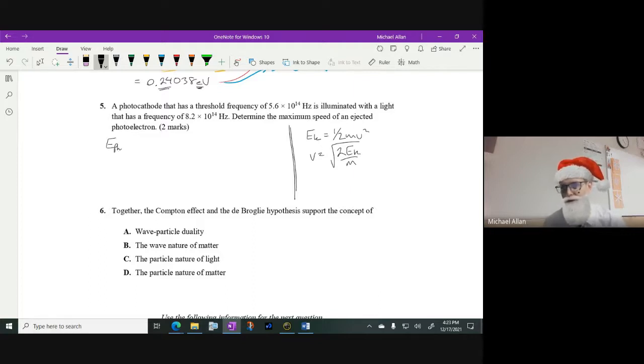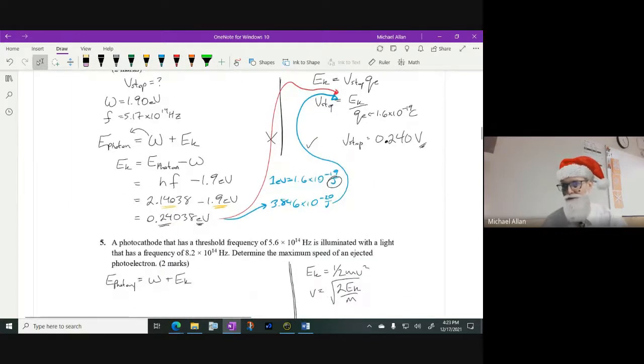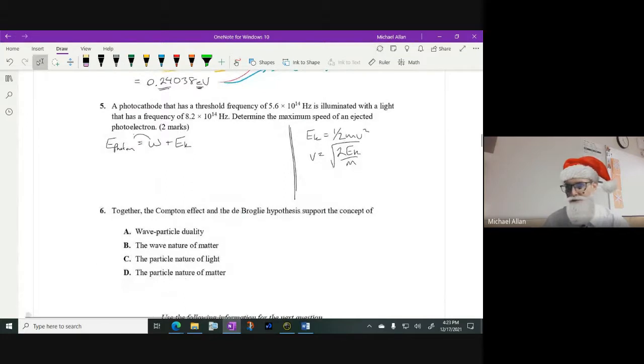So we've got E photon is equal to W plus the EK. So we're going to subtract the W and find that EK like we did last time. E photon minus the W. For the photon, you can just go hf because we're given a frequency of the photon here, minus hf naught.